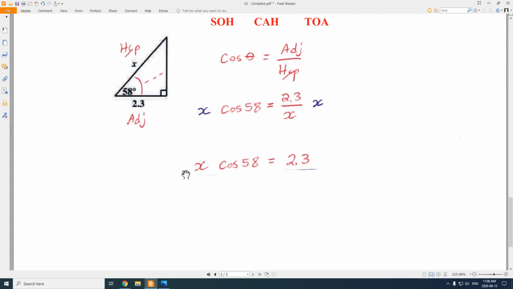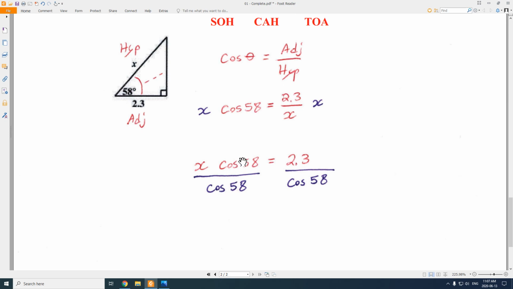Okay, so now we have an equation that's a bit easier to solve. Now I can look at getting x by itself. The only thing I need to move is cos 58. That's just a number, so you can treat it just like any other decimal number. Right now it's multiplying with the x, so I would divide by cos 58 on both sides.